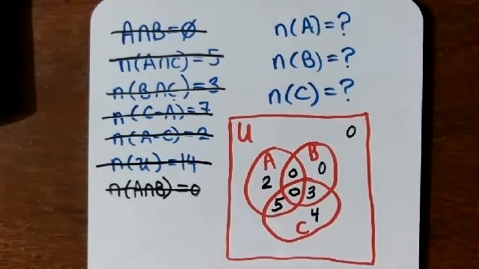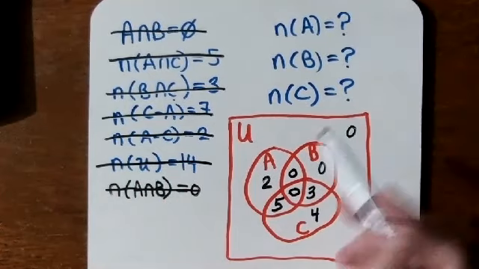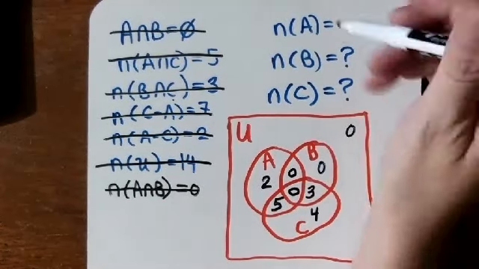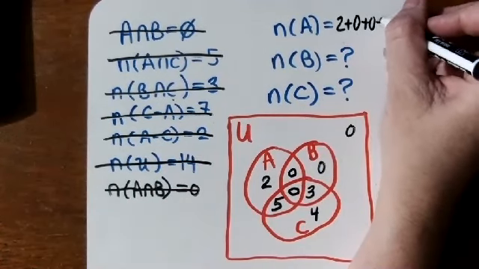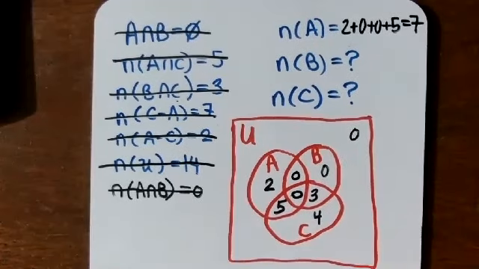So to answer their question, how many elements are in set A, we add the 4 regions that make up set A to get 2 plus 0 plus 0 plus 5, or 7 elements.